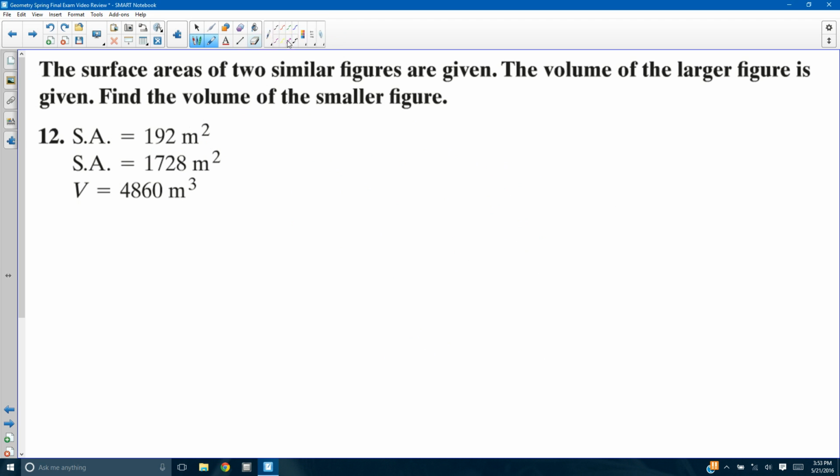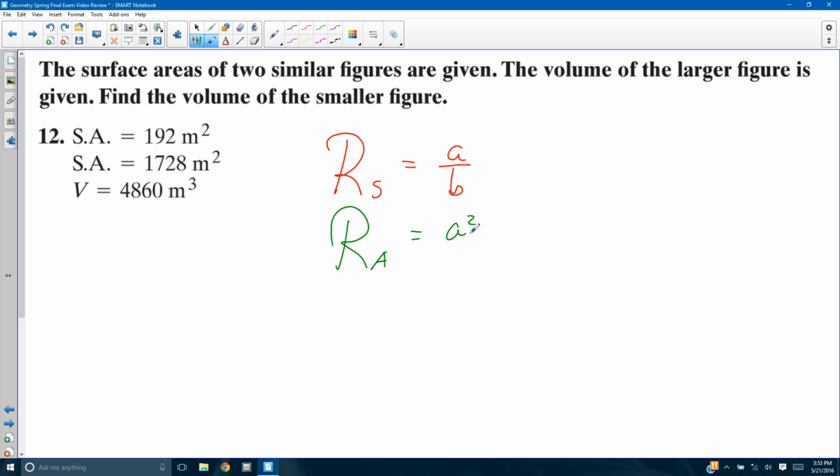All right. So before I do anything else, let me first write those things out. If the similarity ratio is A over B, then the area ratio, now that's comparing any sort of area, including surface areas, is A squared over B squared, and the volume ratio is A cubed over B cubed.